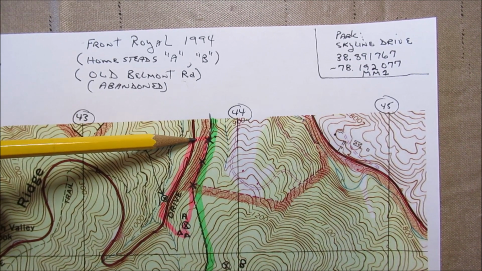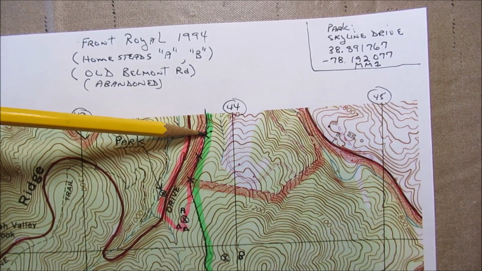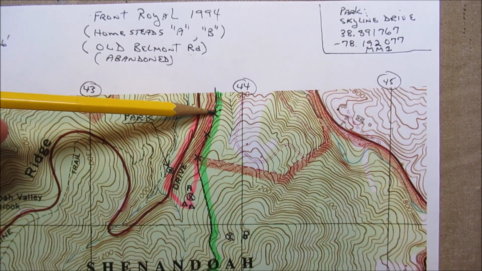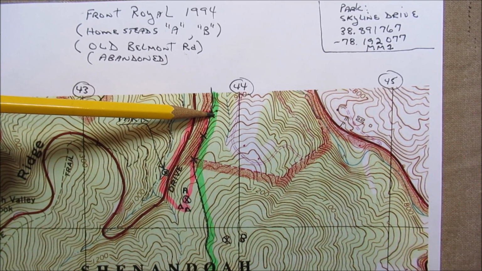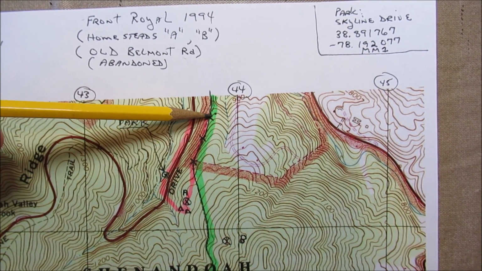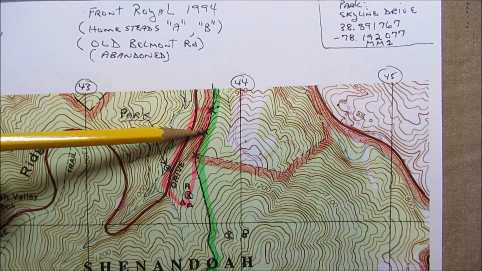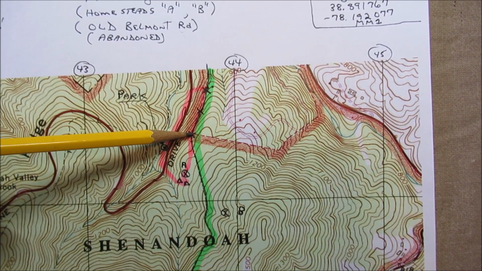So when I got down to here, I started bushwhacking up like this until I hit the old road right here. Now the X mark denotes a survey stake that I saw driven into the ground. So there was one there, another survey stake here, and a third set of marks here.